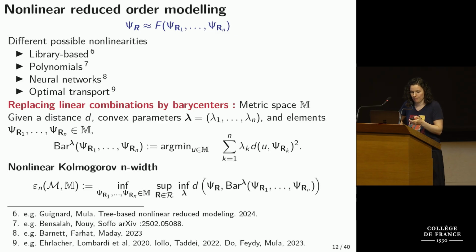Using this definition, we introduced another notion of Kolmogorov n-width, which is linked to this metric approach. Given a metric space M, we define it as the infimum over n chosen snapshots, and then we look at the supremum of the distance between the chosen solution, psi r, and the best barycenter we can get using this distance.